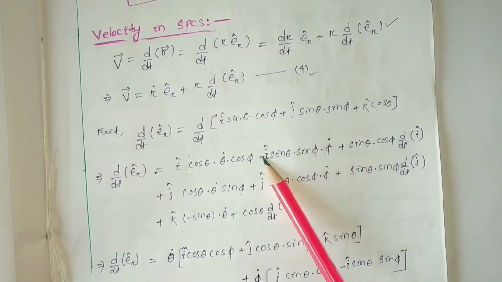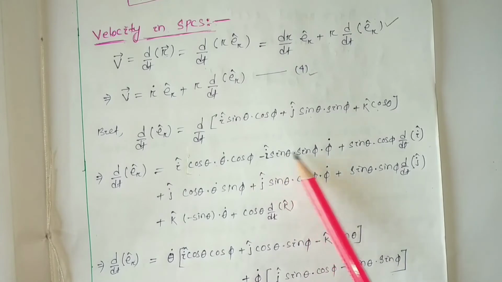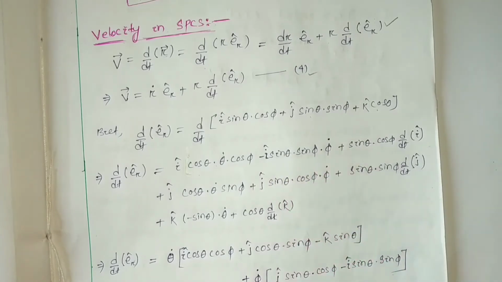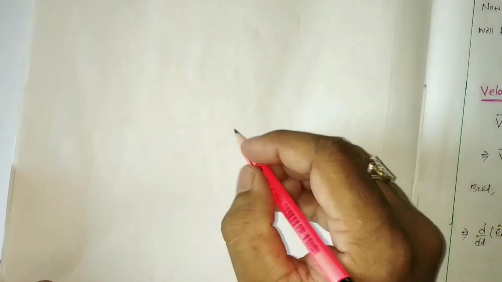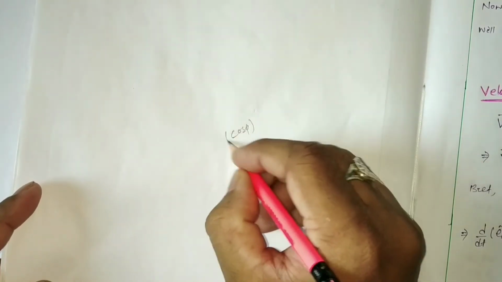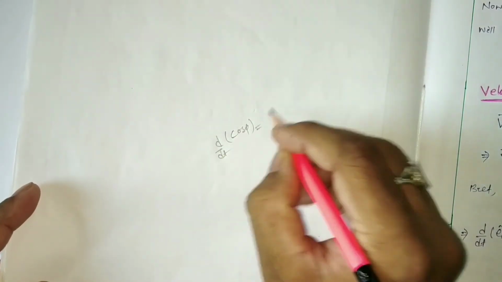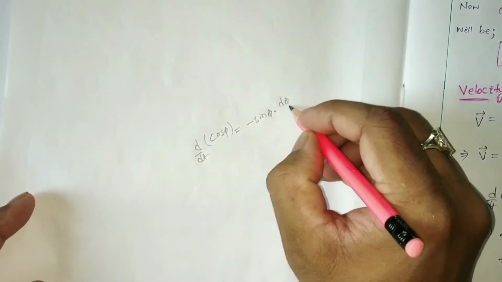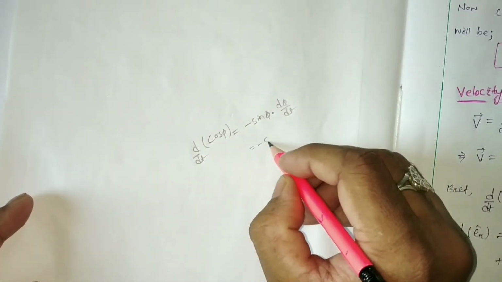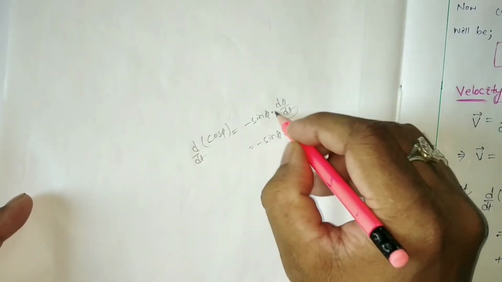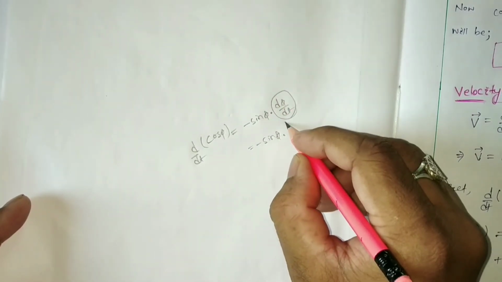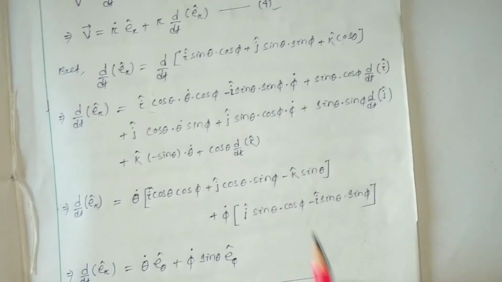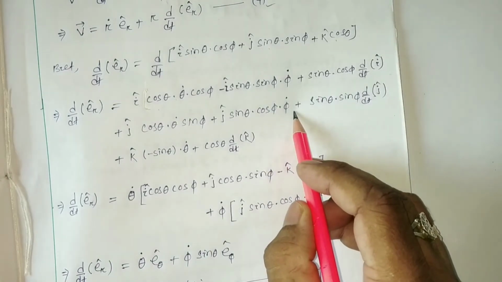So here minus came: minus i cap sin theta sin phi phi dot. Cos phi differentiation with respect to t is nothing but minus sin phi into d phi by dt, and d phi by dt can be written as phi dot.